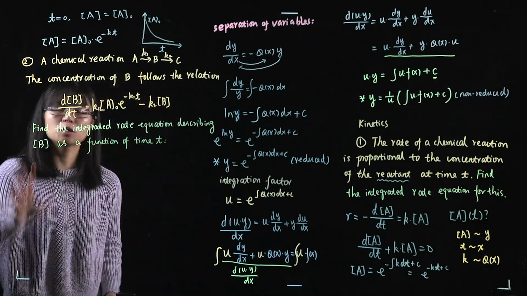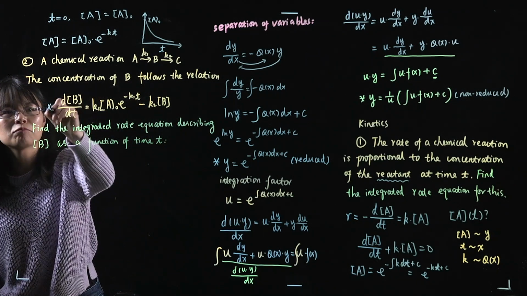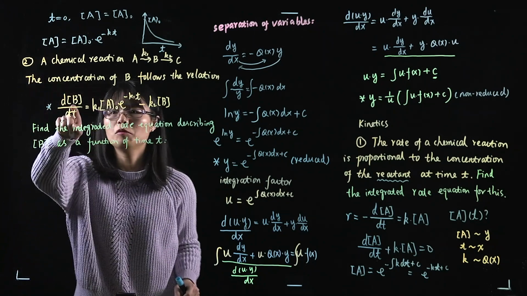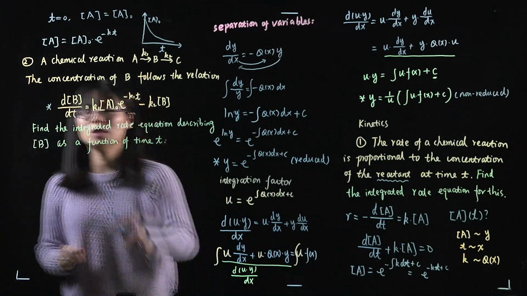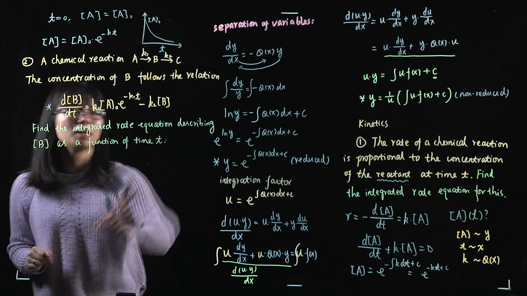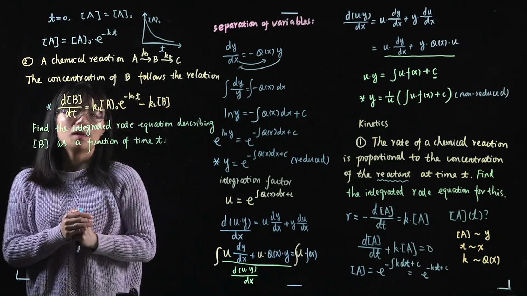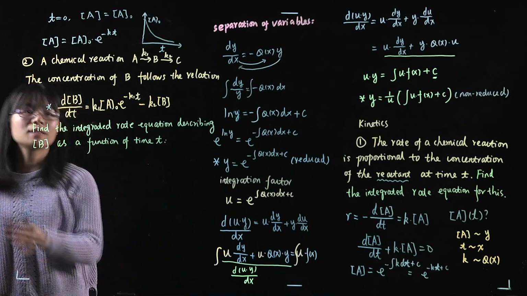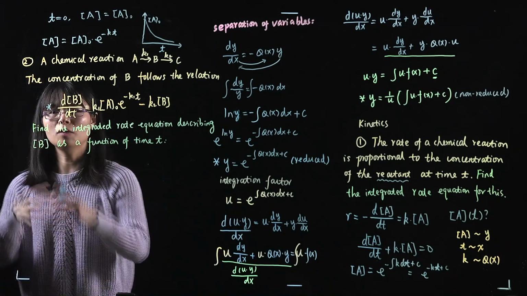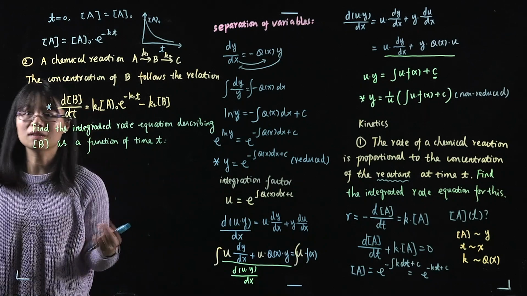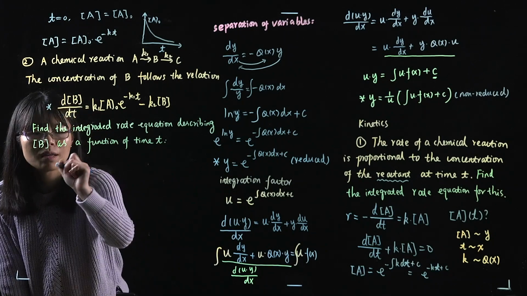Now again, going back to look at the information we have, we have the first order derivative of B, and B also shows up on the other side of the equation. I would first reorganize the equation to the form that we are familiar with to find the generic solution. So let me do that.